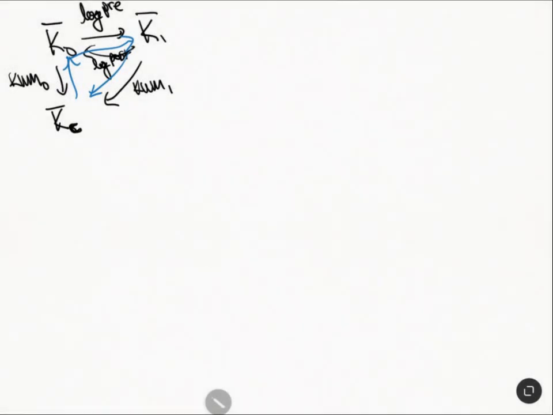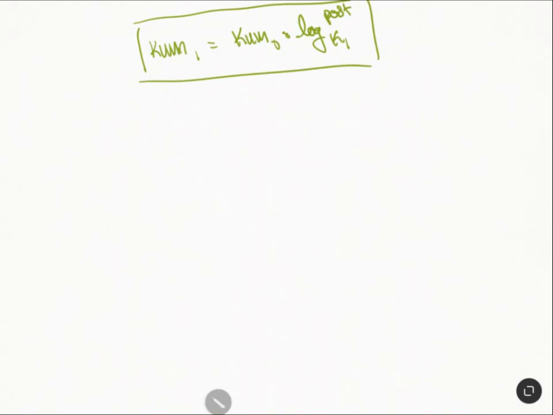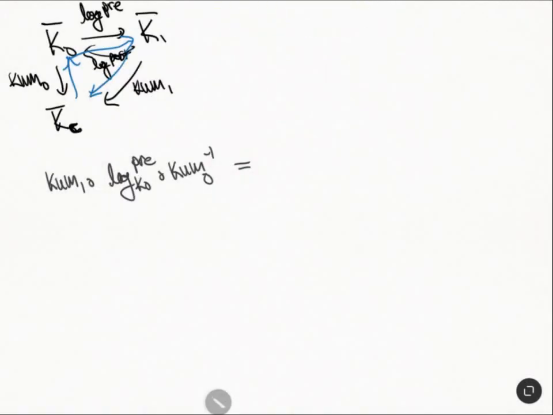So what happens? Let's write this out. The first Kummer, log K0 pre, the second Kummer 0 inverse. As it turns out, we can use this formula, and we get that this is the Kummer 0 map composed with log post, composed with log pre.